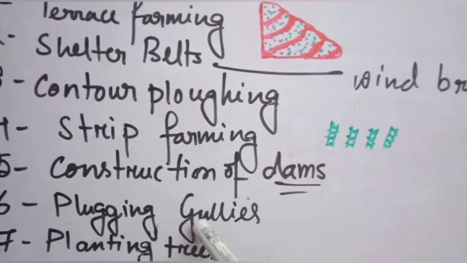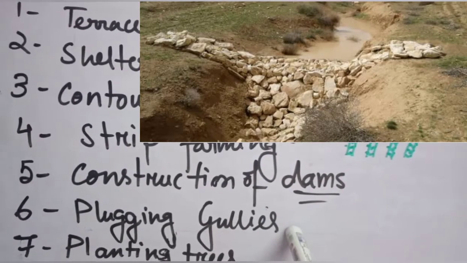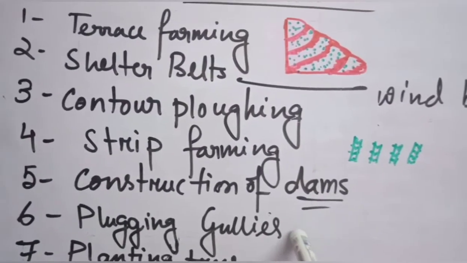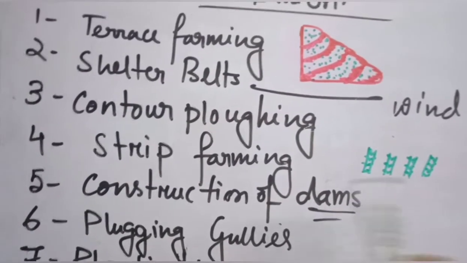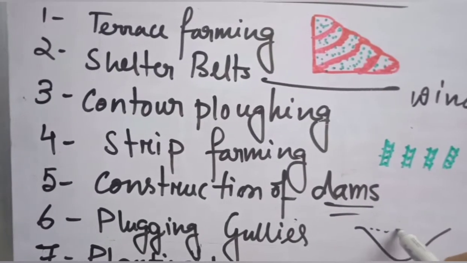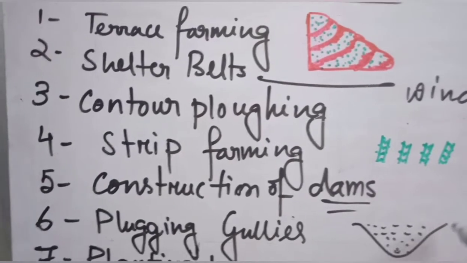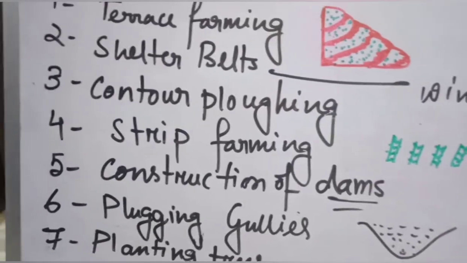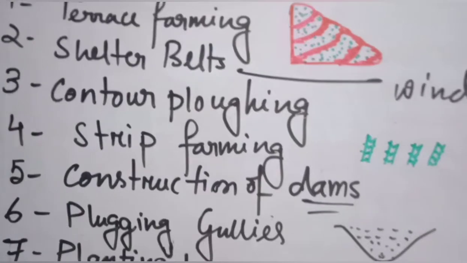Then plugging gullies. What is plugging gullies? Gullies you can see in the image right now in the video. The image shows gullies at the time of rain. Wherever gullies are there, people do some silt deposition, and through that they can control soil erosion during the rainy season.